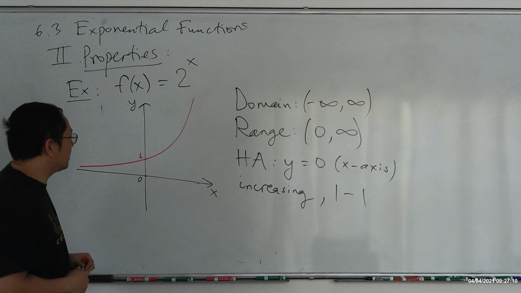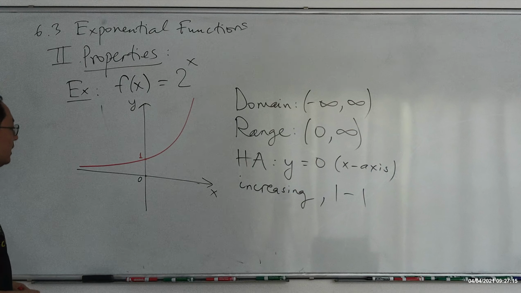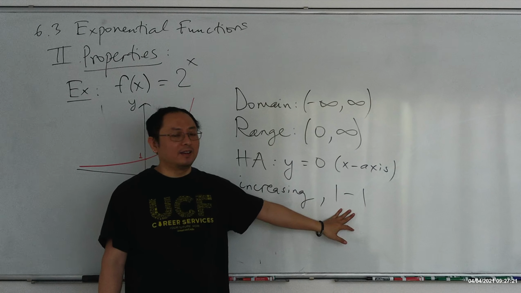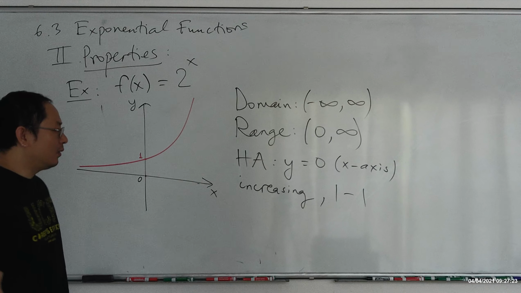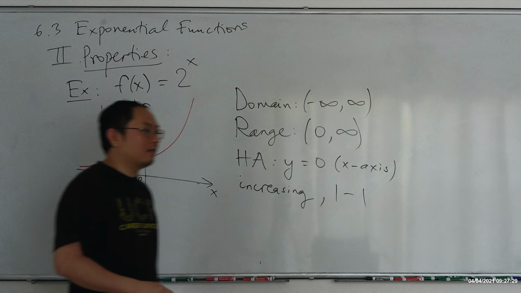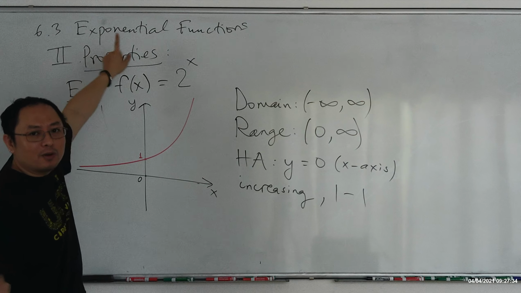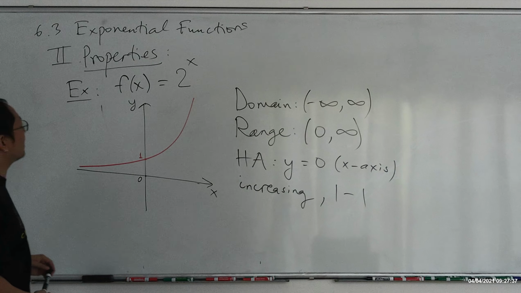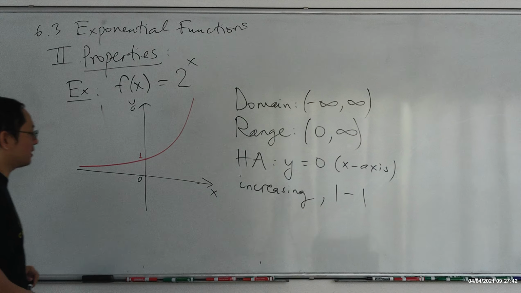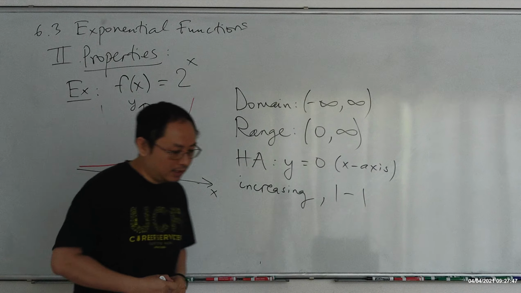No matter where you draw the horizontal line, it will intersect the graph at most at 1 point. And what is so special about a one-to-one function? Back in the previous section, 6.2, we talked about the inverse function. A one-to-one function gives you an inverse function. For your information, in the next section, 6.4, we'll learn about the inverse of the exponential function, which we're going to call the logarithmic function. We'll learn that next time.